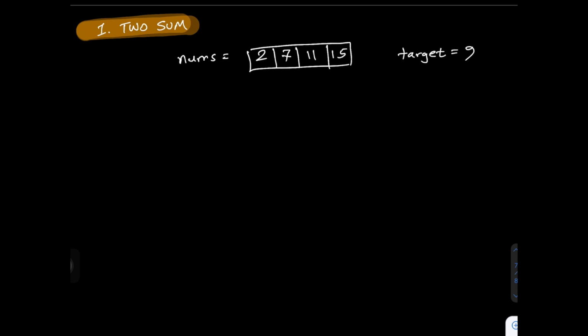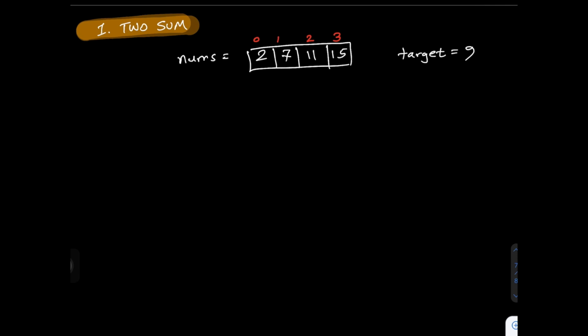What you are required to do is, from out of all the integers that are present in nums, output the index of the two numbers such that they add up to target. That is what we have to do here.